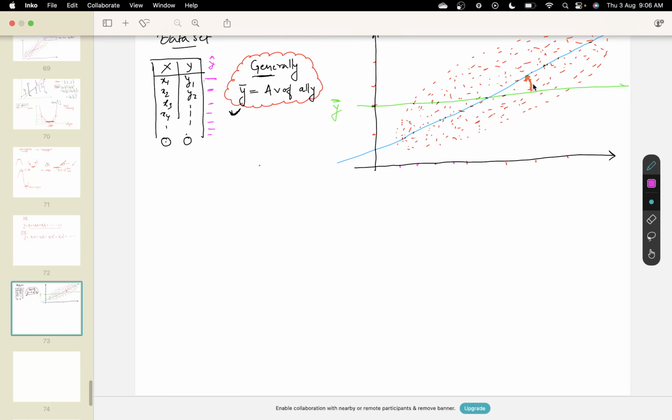Okay, fine. So see, this is the slope. What do you think? Should the slope be higher or should it be less? If the slope is less, what do you think, will this line match this one, or will it go above? If the slope is low, this will come to this side, right?